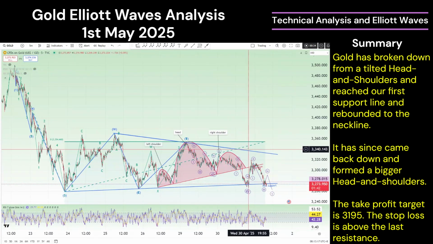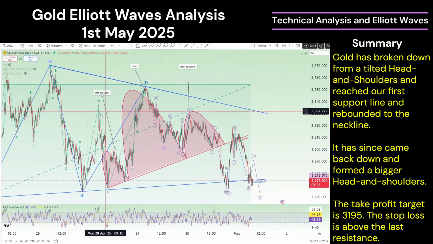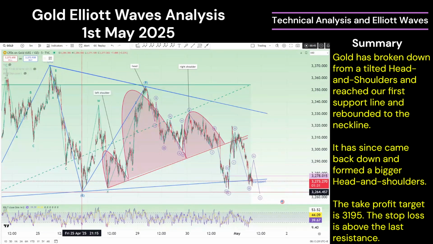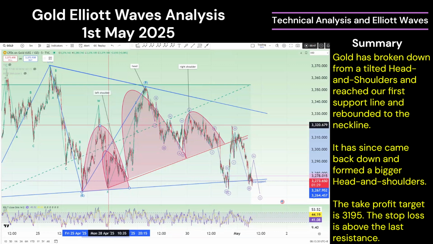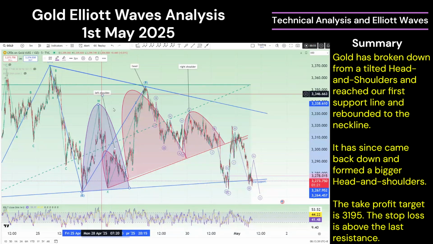Now, one interesting thing that I want to point out here is that you see that there is this head and shoulder over here, right? What happens is that you can actually see another head and shoulders, which is here. Now, let me change this coloring, right, so that we know that we are referring to a different head and shoulders.